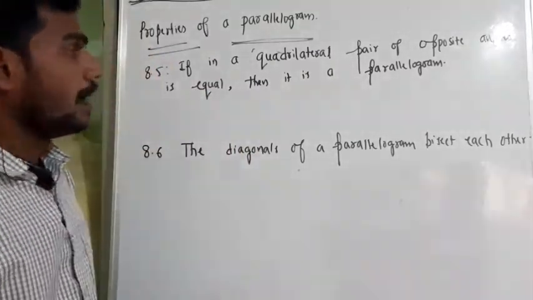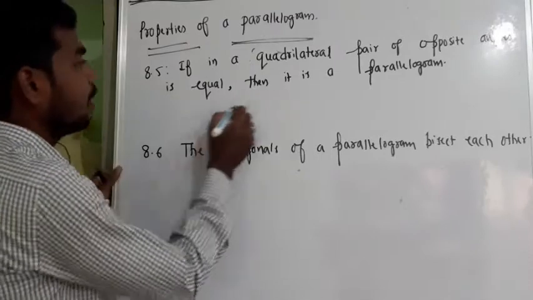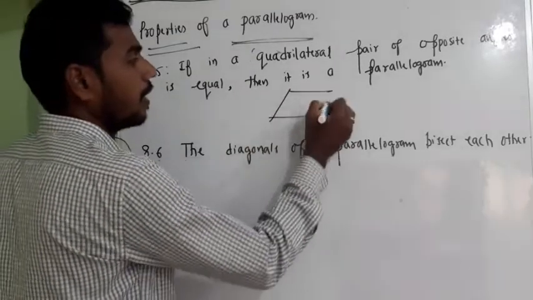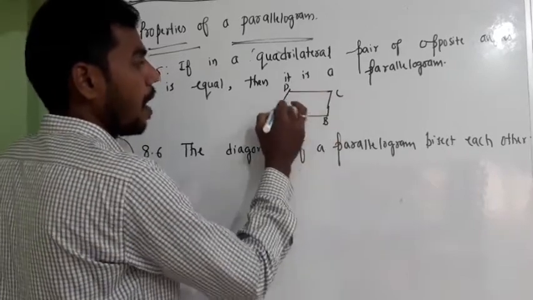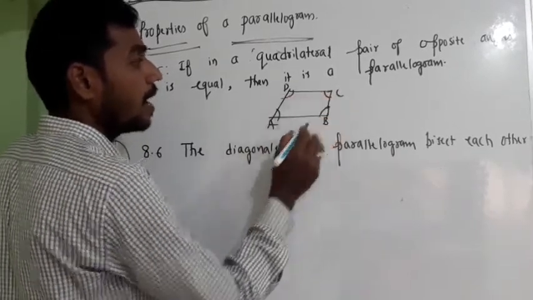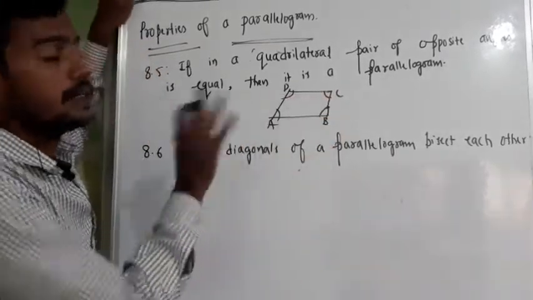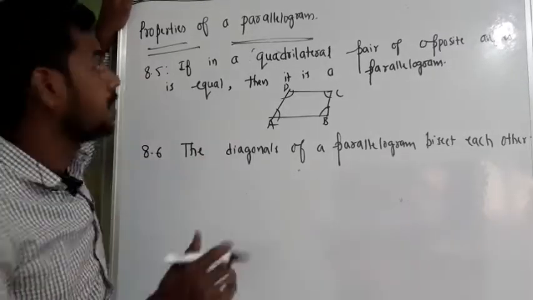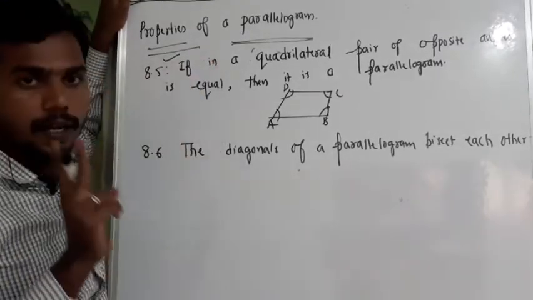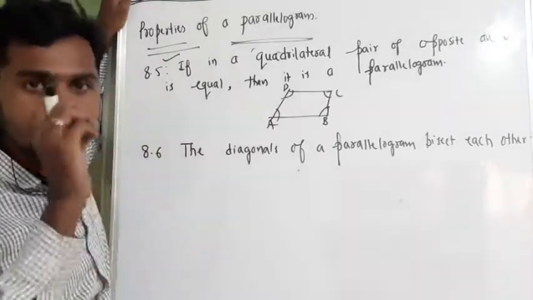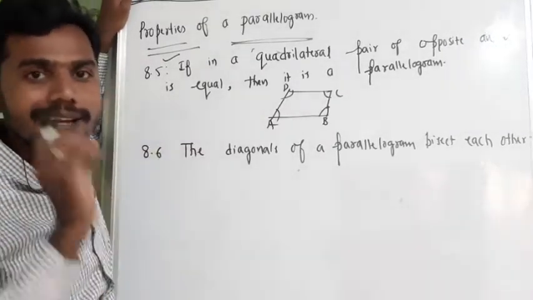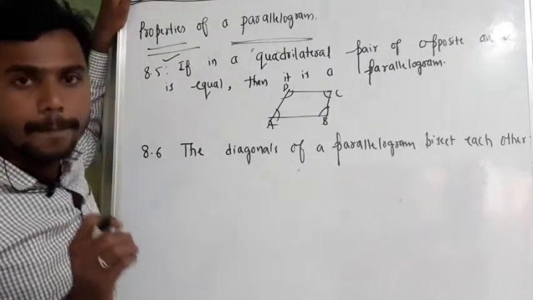See, if I take any quadrilateral ABCD, if opposite angles are equal, directly I can conclude that it's a parallelogram. This is one more property.